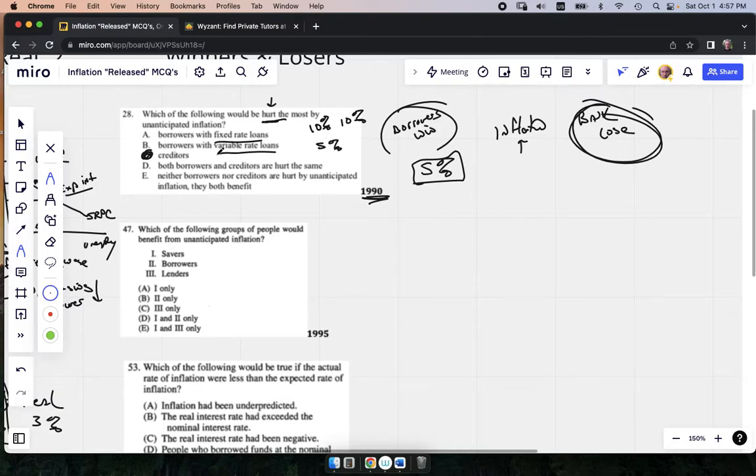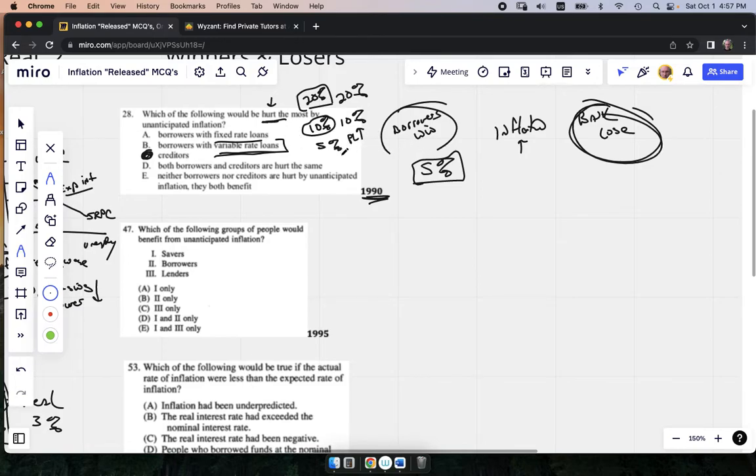Bankers build this in, and that's why variable rate loans are cheaper, because bankers know that if the price level was to go up to 10%, what you have to pay back just went up to 10%. If the price level goes up by 20%, what you have to pay back just went up to 20%. That's a variable rate loan.